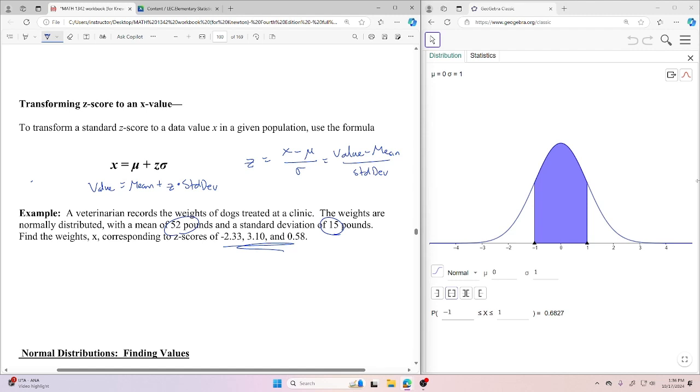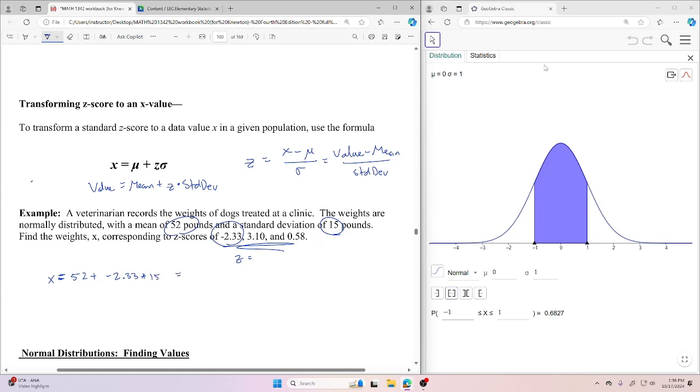I want to use GeoGebra for this, but I think they're just wanting me to plug this stuff in. They're saying what weights are for these z-scores. These are z equals right here. So here's the formula. Let's use it. I really wish I could have used GeoGebra instead, though. All right, so what's my mean again? 52, okay. I'm going to add a z-score. The first one is negative 2.33. And I'm going to multiply it by 15, awesome.